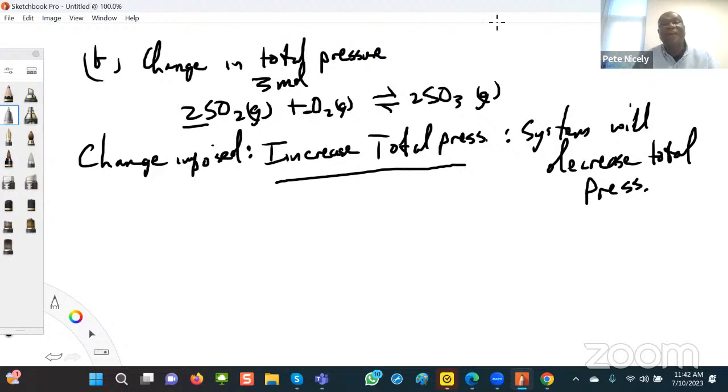And on the right side, you have only 2 moles of gases present on that side, right?